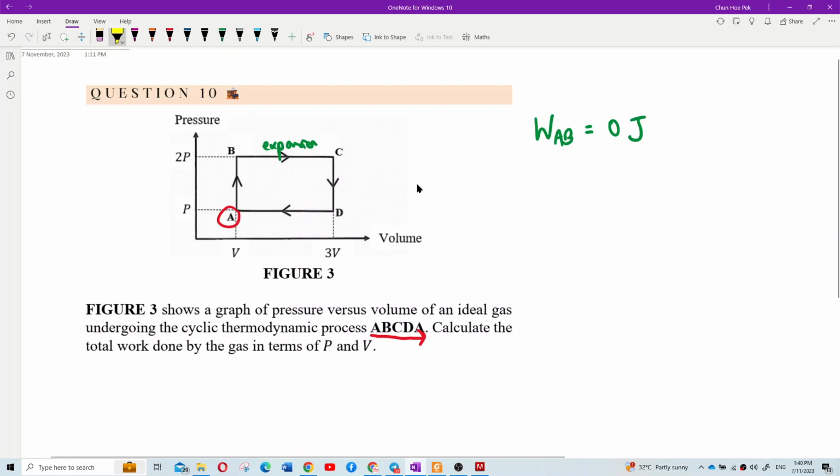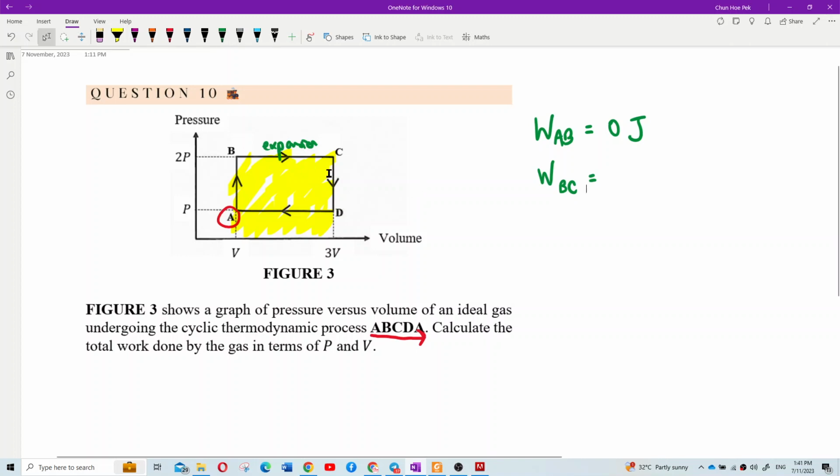That means is work done BC is the semua inilah. Okay. So work done BC. Work done BC is what? Expansion lah.